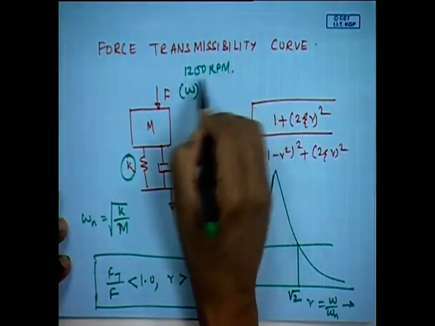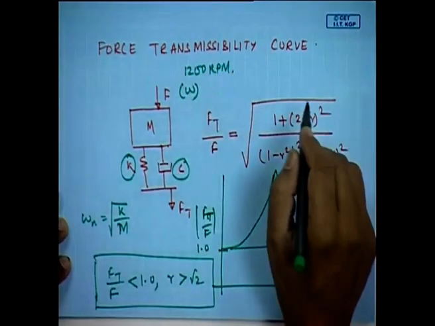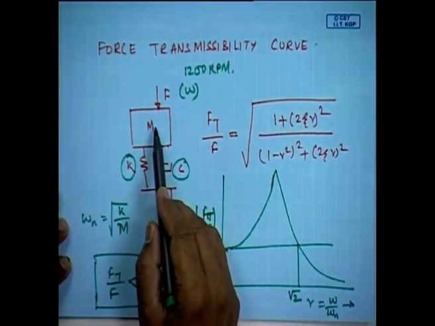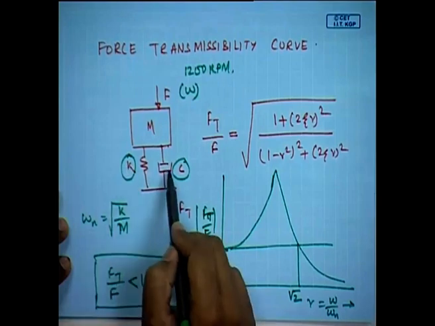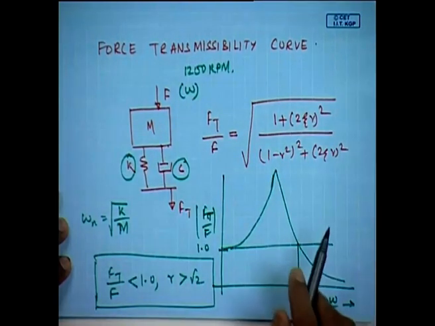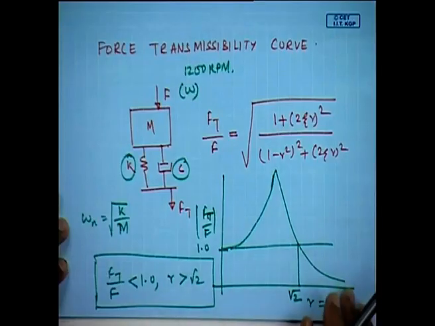So, 1200 rpm means 1200 by 60 is the forcing frequency. I know the mass of the body, I have to find out stiffness and c depending on this equation. Okay. And sometimes I can go to the manufacturer's catalog, find out for different payloads what is the available stiffness or available damping, and then select the isolators.